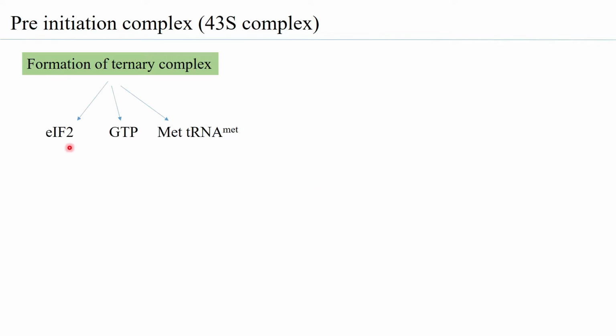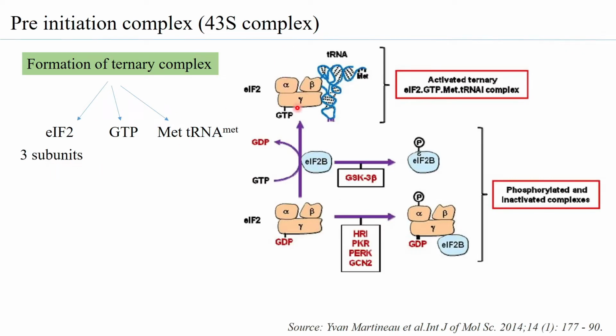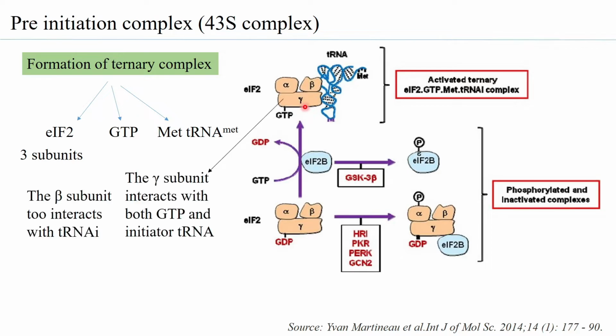Now let us go to the second important component of the ternary complex, which is eIF2. eIF2 is basically made of three subunits, alpha, beta and gamma, and the gamma subunit is able to bind to GTP.